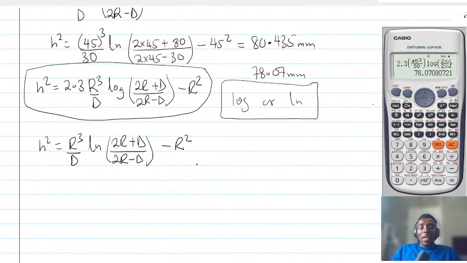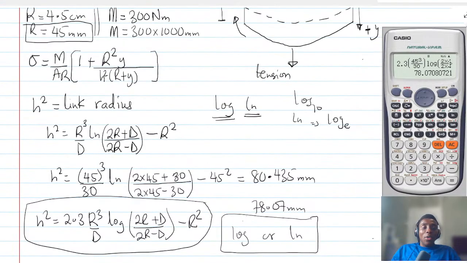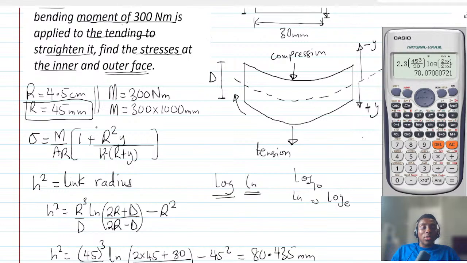So that is basically the h squared. But we are not actually interested in h squared. We are looking at h squared because there is something in this formula here. So let me copy it again.